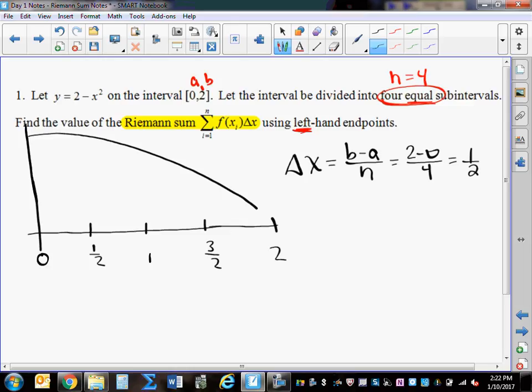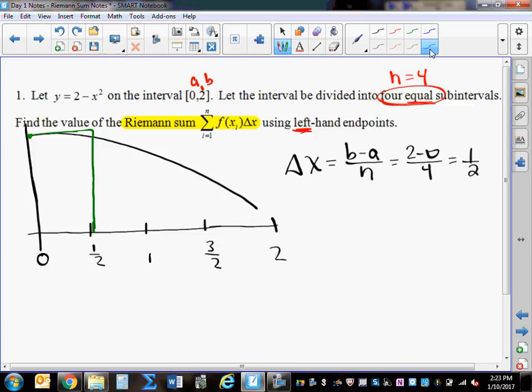Alright, so left-hand Riemann sums. That means I start off with f of 0, and oh, that's good. It's a crooked rectangle there. Okay, so there's my first rectangle.